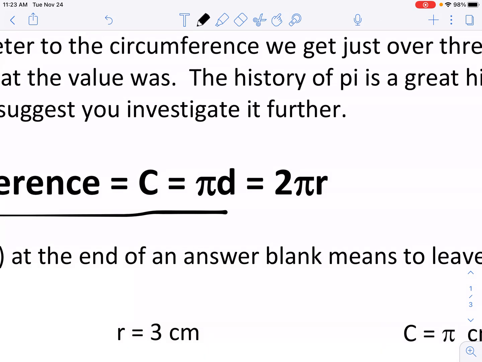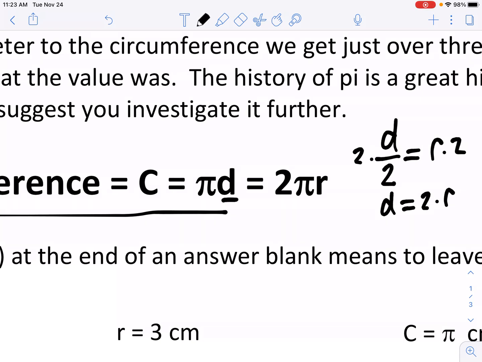You might say, Mr. Pinkstrauss, where does that come from? Remember, if we divide the diameter in half, that gives us the radius. So half of a diameter is radius. If I multiply 2 to both sides, then diameter is just 2 times r. All they're doing here is replacing d with 2r. 2 times the radius gives me the diameter. So either one of these would help us find the circumference of our circle.